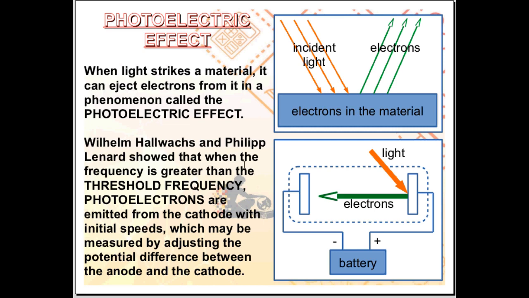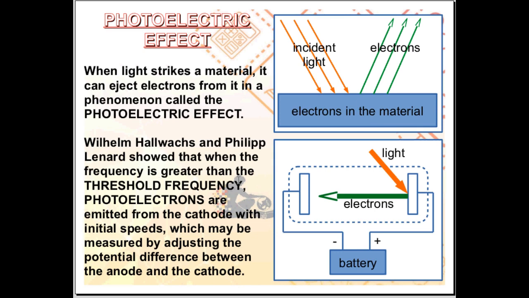Hallwachs and Lenard showed that when the frequency of the incident light is greater than what is referred to as a threshold frequency, which will depend upon the material, that's when the electrons or photoelectrons are emitted from the material. So incident light must be of sufficient frequency to induce the electrons in the material to be emitted.